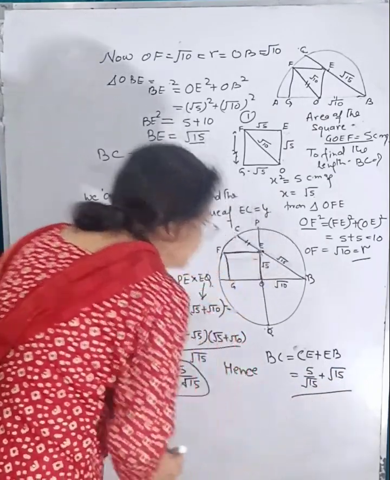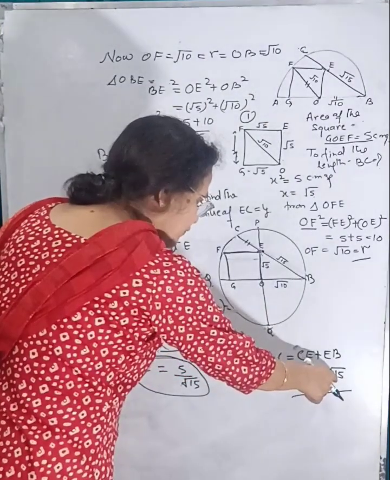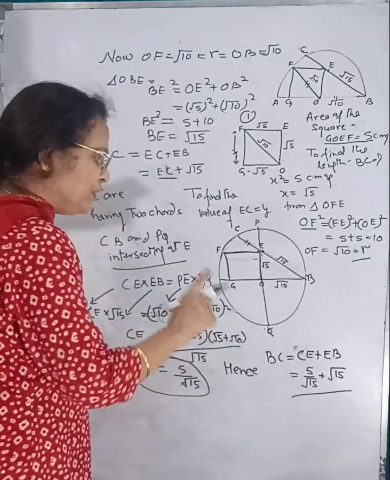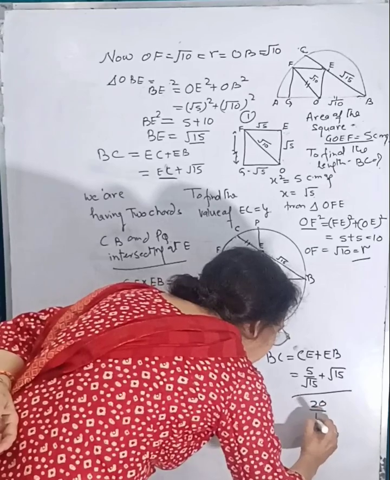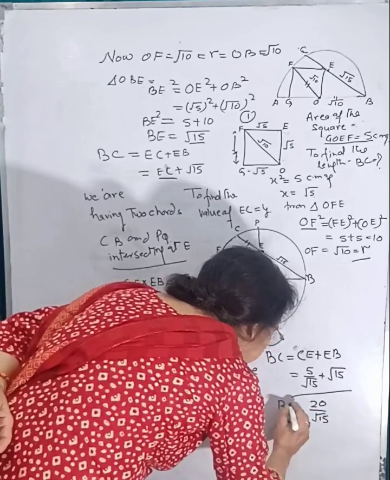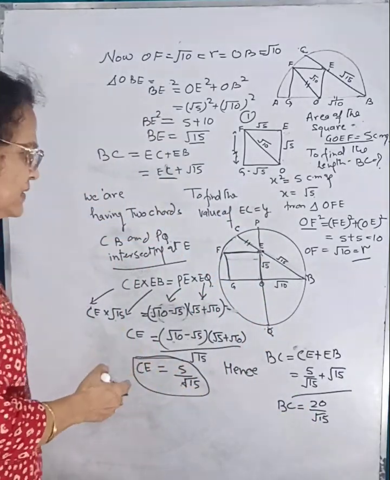Root 15 into root 15 is 15, plus 5, that is 20 upon root of 15. This is the BC length. This is the correct answer.